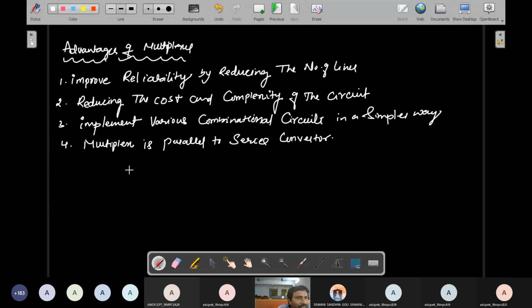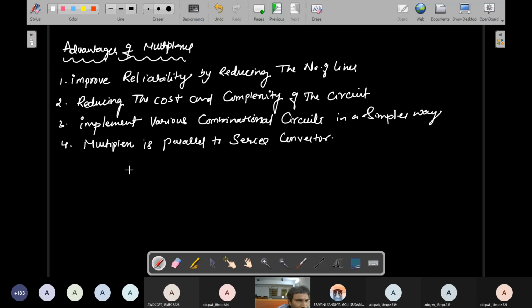So improve reliability by reducing number of lines. So if you are reducing your number of lines, means number of inputs, number of outputs, because here we consider only one output, depending upon how many number of inputs. You don't care about how many inputs, but really the multiplexer contains only one output.